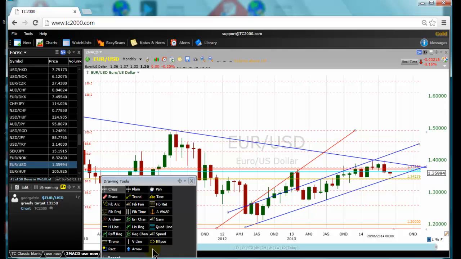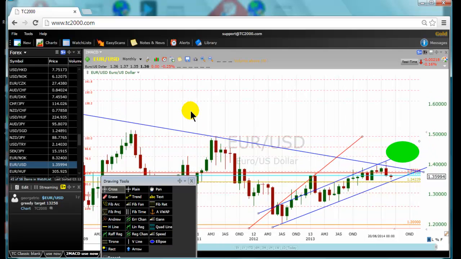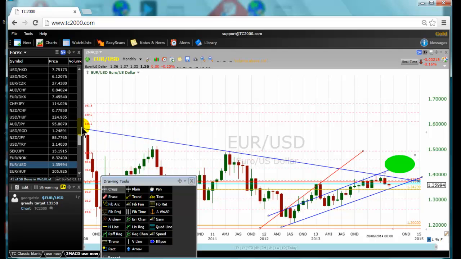Talking about the trading zone, if the euro will survive the bearish pressure, it should come above this trend line here, the blue one. You see this one?